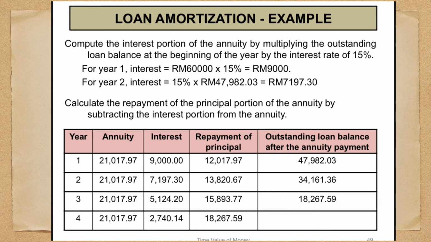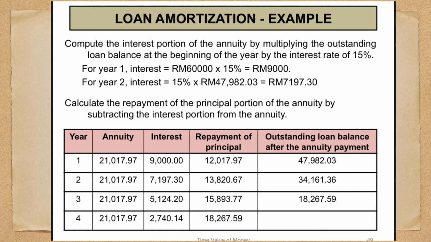The repayment of principal in year 2 is, of course, the PMT minus the interest. The outstanding loan balance after the annuity payment for year 2 is the outstanding loan in year 1 minus the principal in year 2. So the outstanding loan balance in year 2 is 34,161 ringgit and 36 cents.